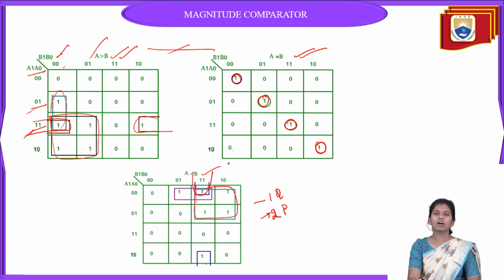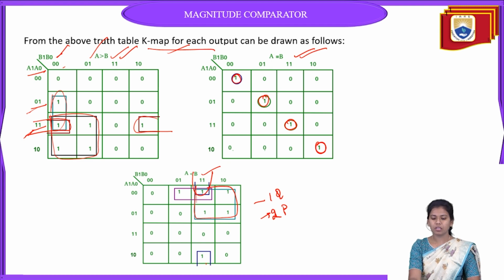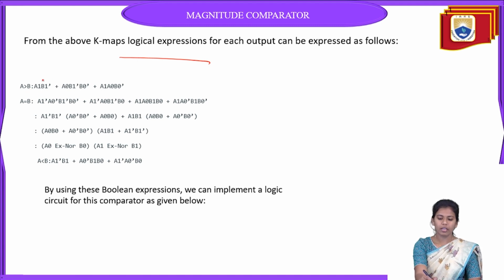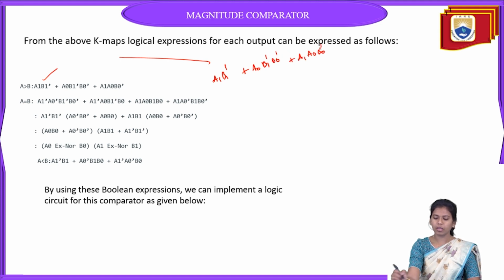After drawing the Karnaugh maps, the next thing is we have to write down the logical expressions. The logical expressions will be observed from the Karnaugh map. So for A greater than B, the combinations we got are A1 B1 bar plus A0 B1 bar B0 bar plus A1 A0 B0 bar.